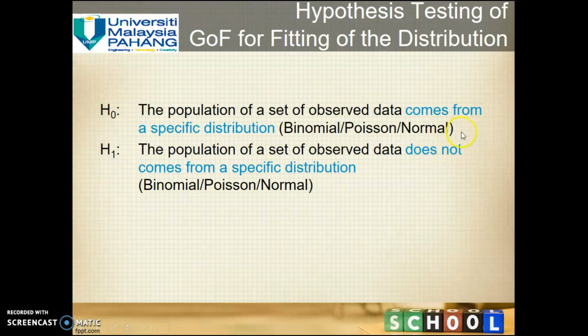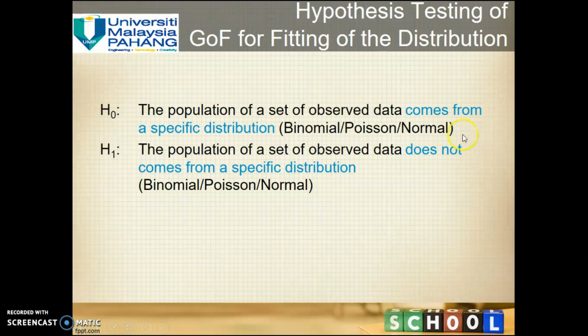So your hypothesis is fixed already. H0 will always be that your data set or population of the set of observed data comes from a specific distribution. Specific distribution means whether you have binomial, Poisson, or normal. It will be mentioned in your question which distribution you have.